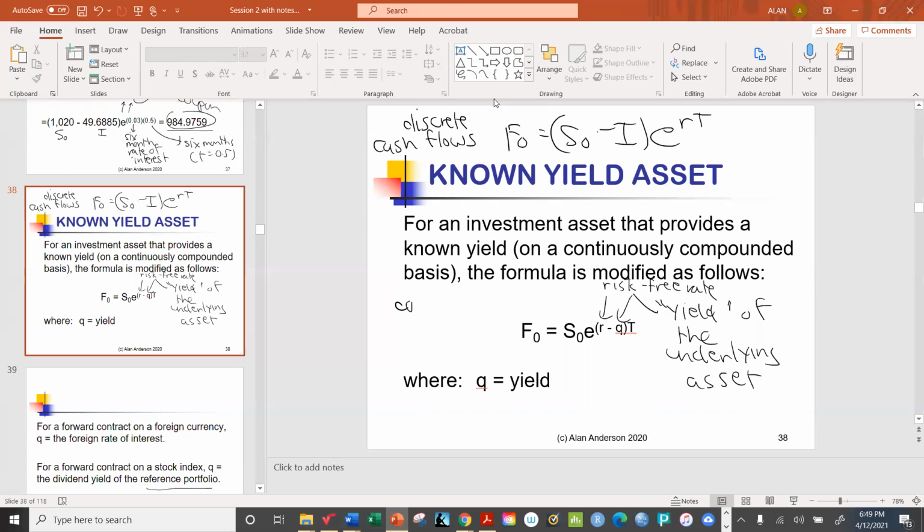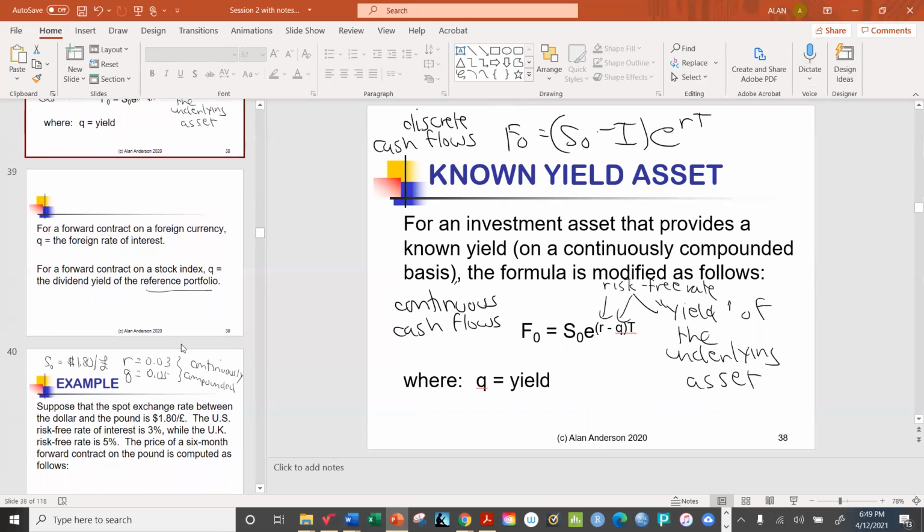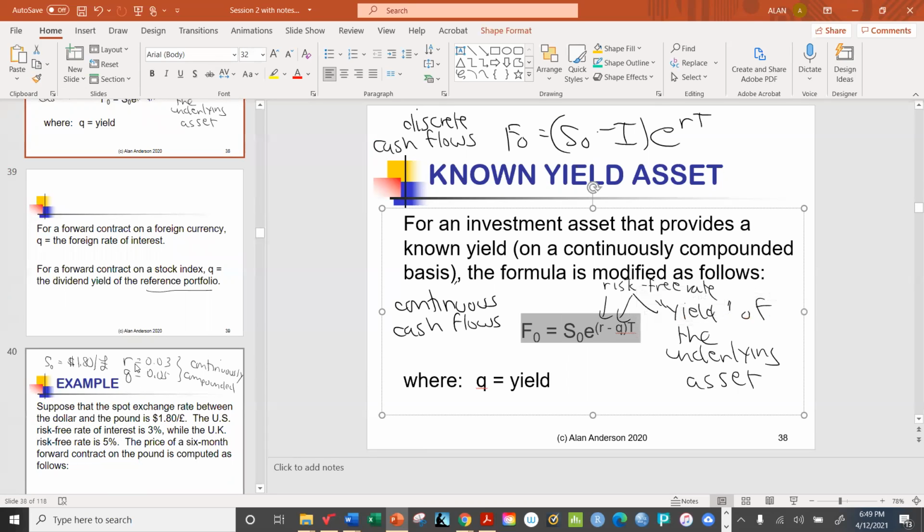And this one is continuous cash flows. All right. So we're going to use that as our example for a currency. And you'll see that it's much simpler than having to deal with the present value of a lump sum or discrete payment. And this is the one you'll see the most often in Hull's book, especially if you go through it. Most of the time we're using a formula just like this one.